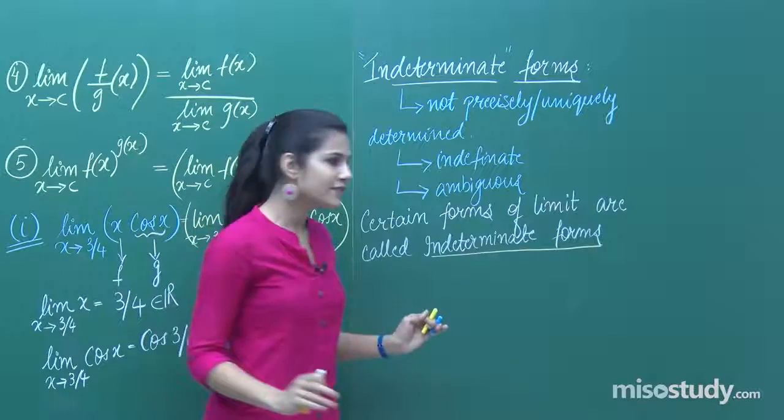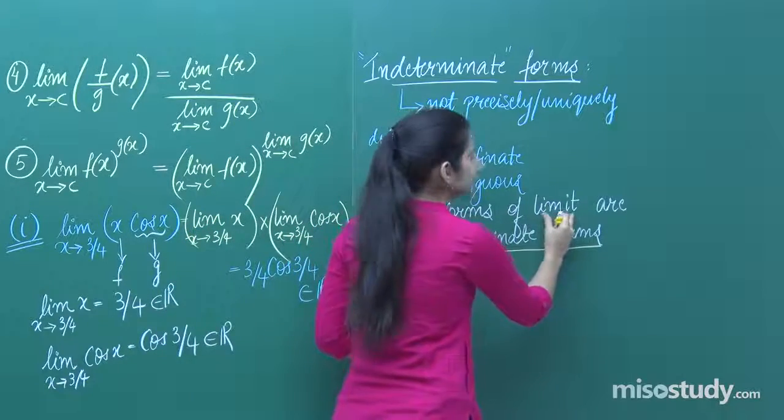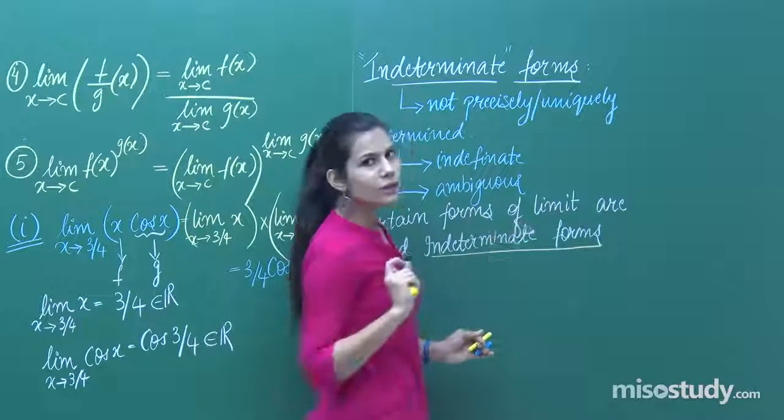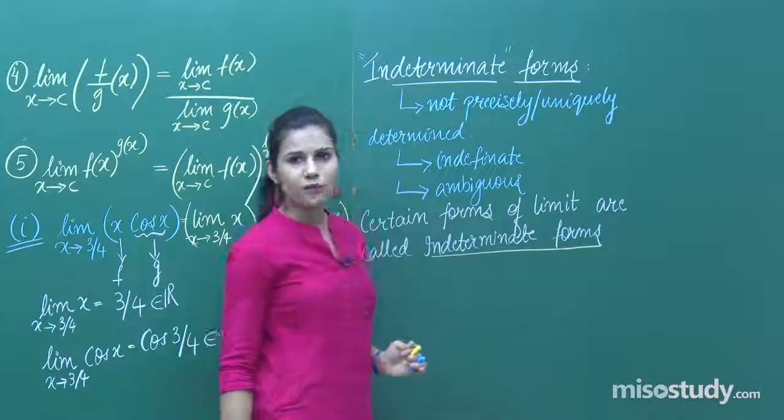But till now one thing is evident, that there will be a certain type of looking limit which I am going to declare that it is an indeterminate form of limit.